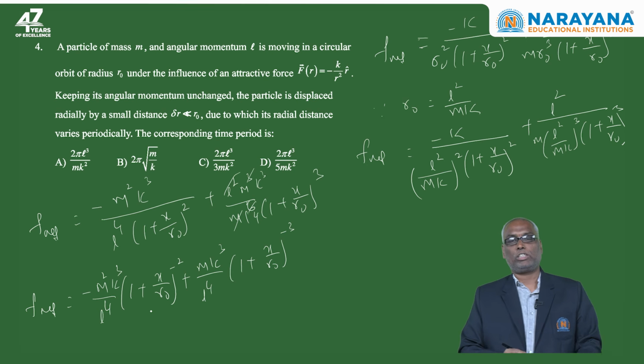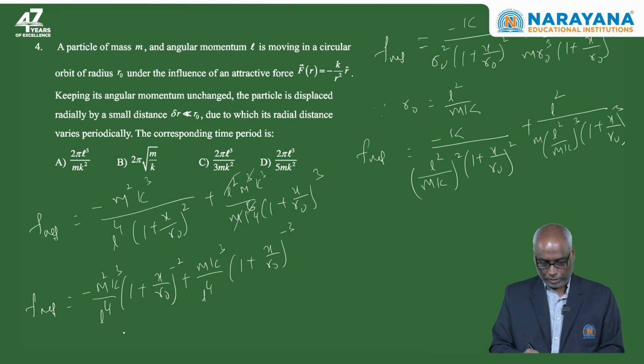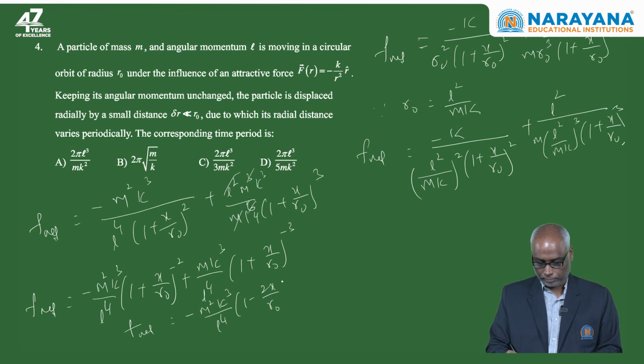Because it is given that x is very much smaller than R naught, by binomial approximation we can say net force will become equals to minus m square k cube whole divided by L power 4 into 1 minus 2x divided by R naught plus m k cube whole divided by L power 4 into 1 minus 3x divided by R naught.